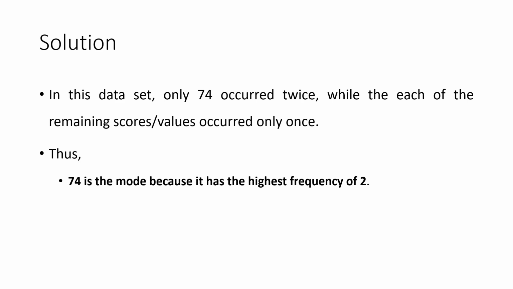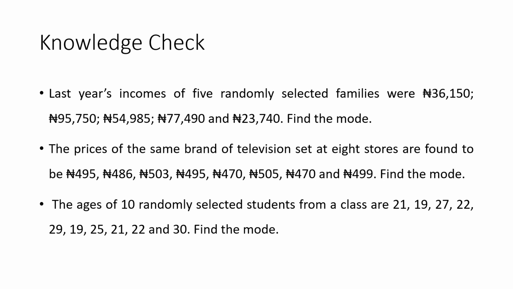Thus, our answer is 74 is the mode because it has the highest frequency of 2. Not forgetting, frequency is the number of times the score occurred. So only 74 occurred more than once. There are other questions we can use at our leisure to find the mode.